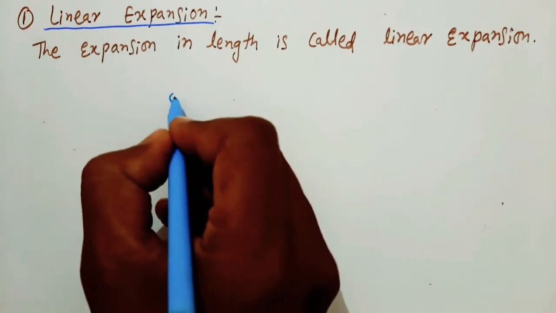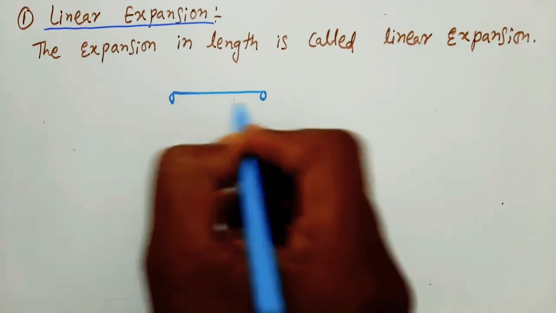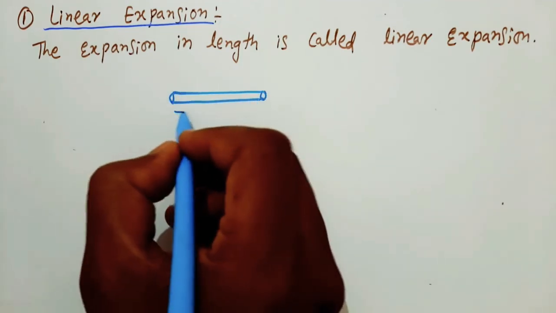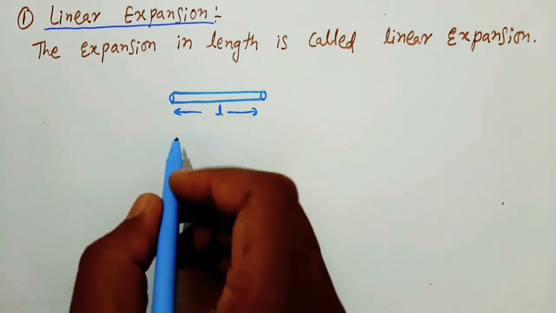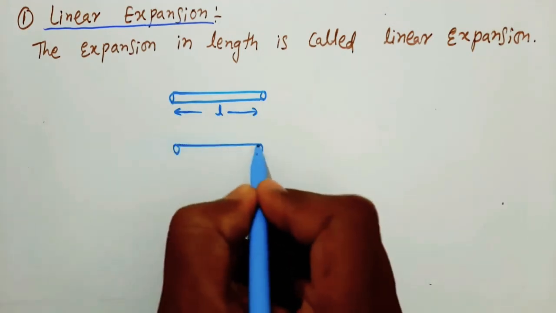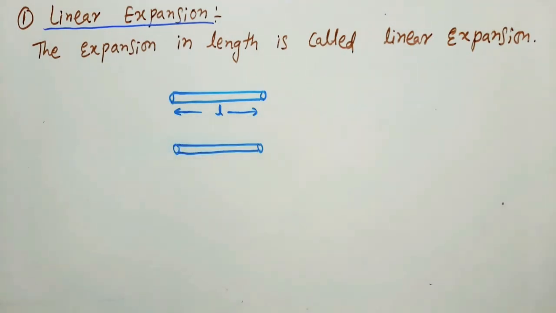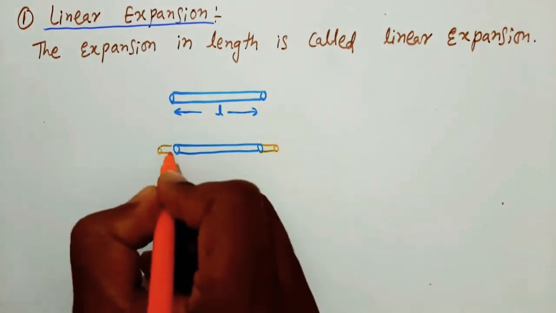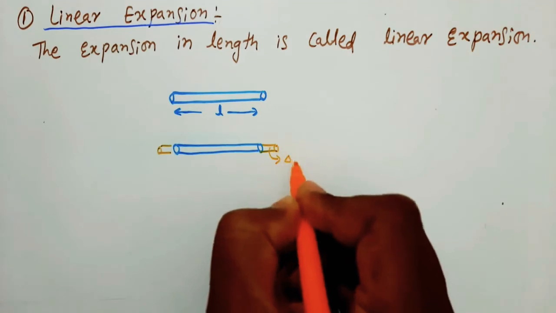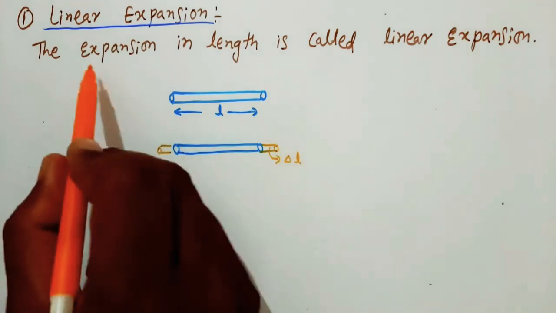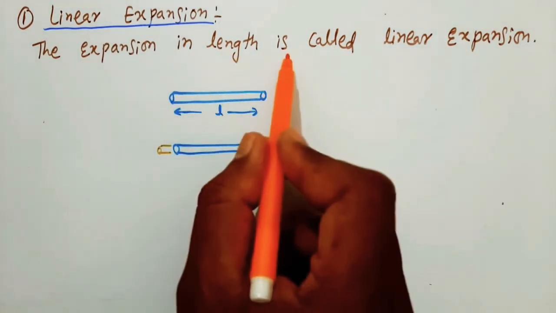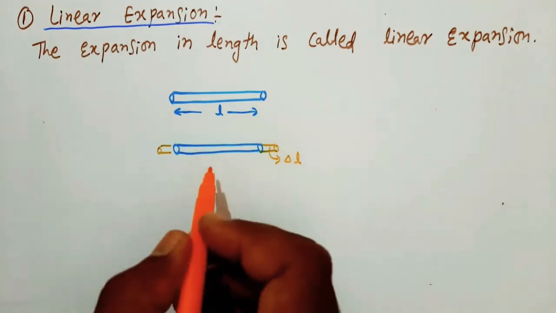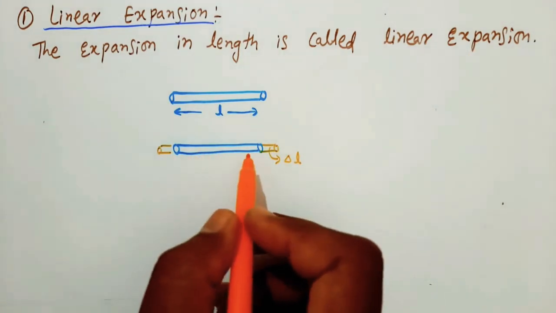Initially, the length of the rod is L. By applying heat, the length of the rod is increased. So here it is del L. So the expansion in the length is called linear expansion.